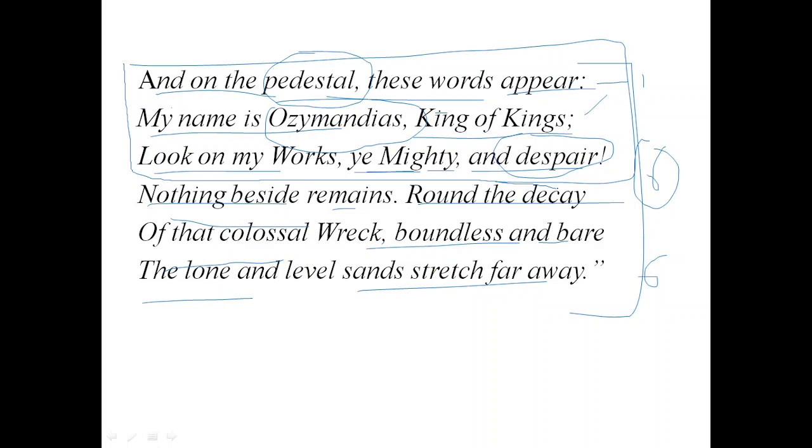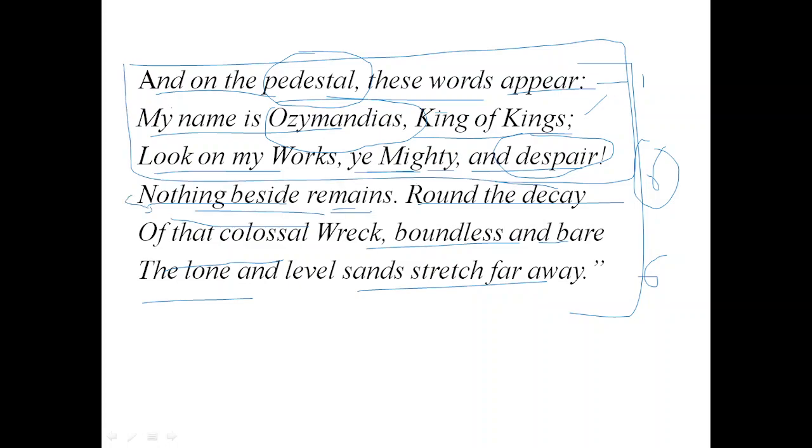Round the decay. Round means around. उसके चारों ओर. The decay. Decay means the demolished, or you can say the broken statue, the huge statue of that colossal. Colossal means very large, huge.